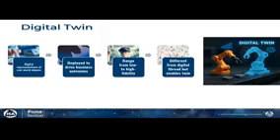Talking in detail about the digital twin. A digital twin represents real world objects. When we are talking about real world objects, these are sensors, devices, machines, processes, complex systems within the manufacturing. At the same time, it can even include the people, the operators, who are involved in the manufacturing facility.